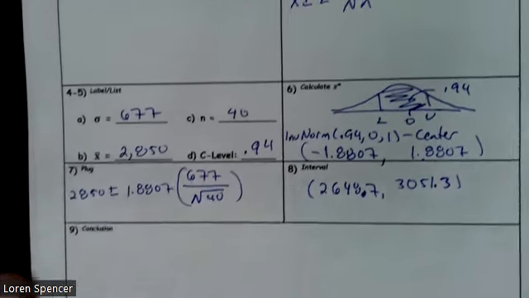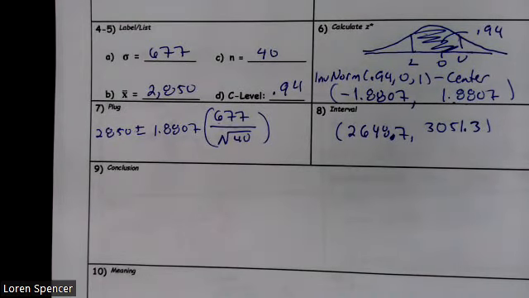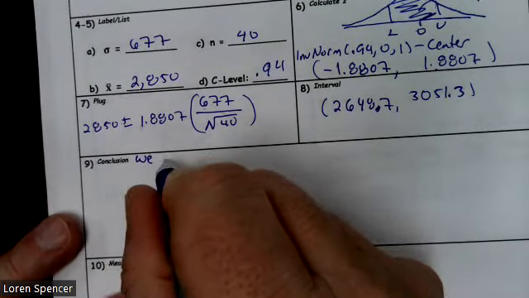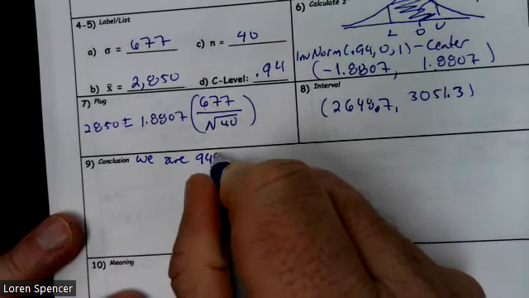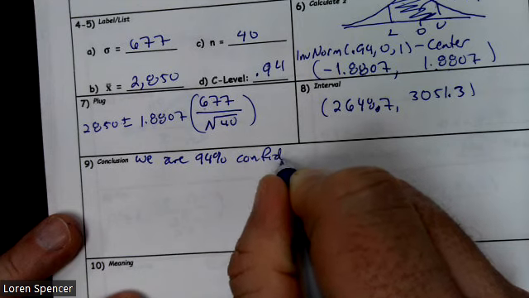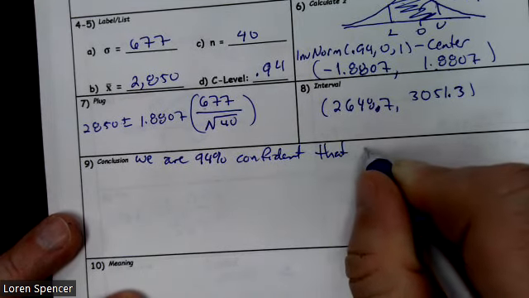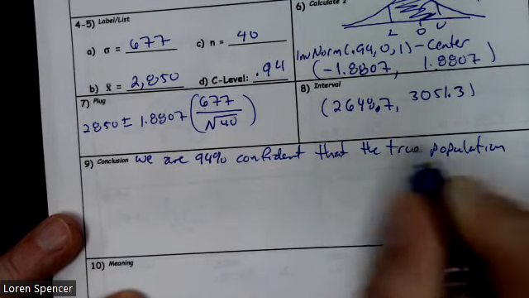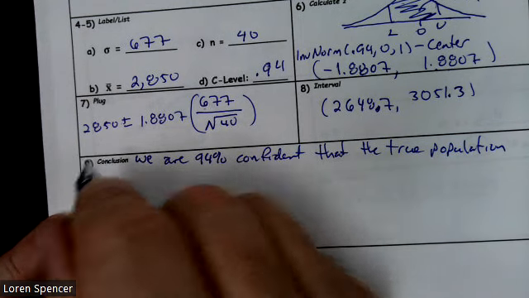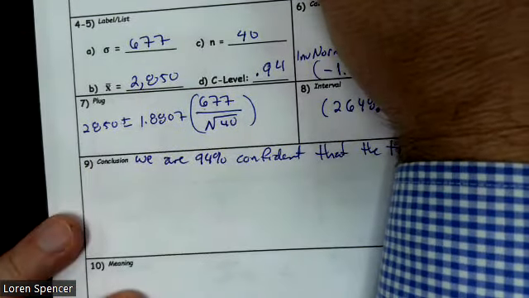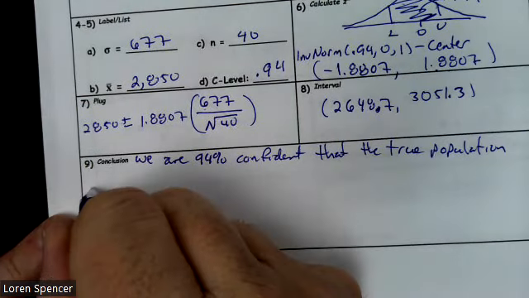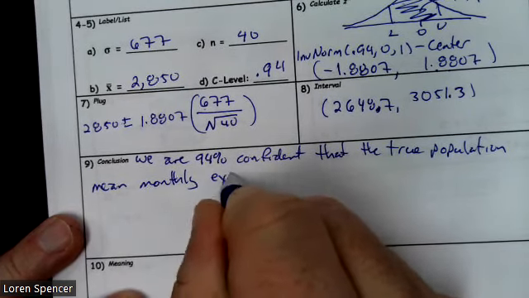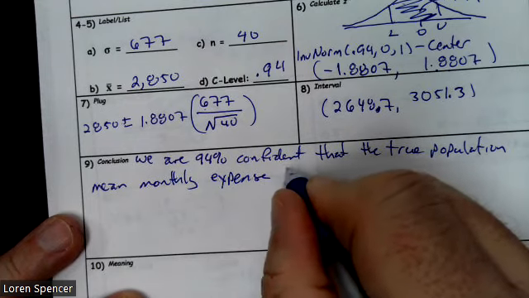So our conclusion, we are 94% confident that the true population mean monthly expense for investors lies within the interval $2,648.70 to $3,051.30.